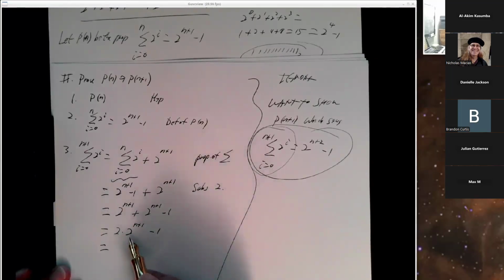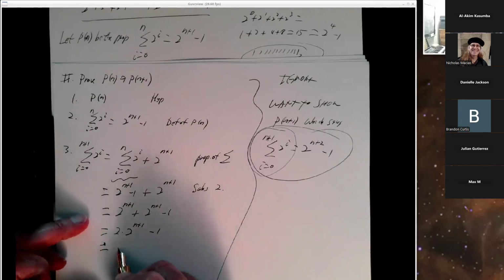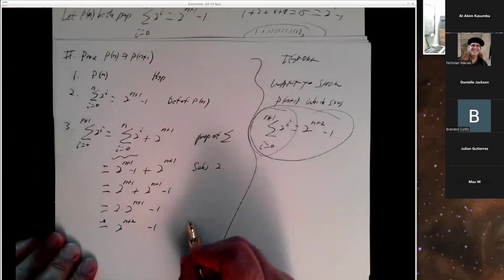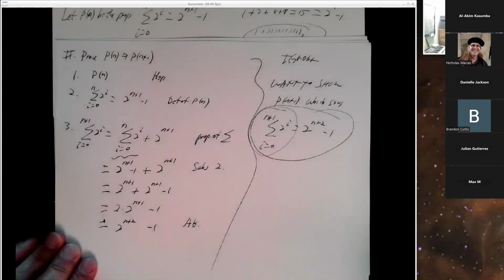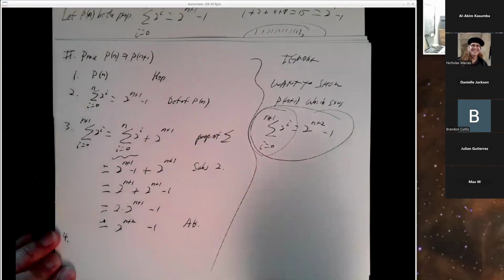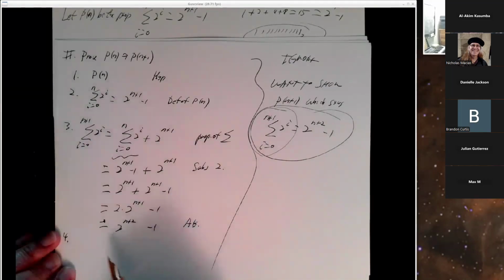And then this says multiply 2 by itself n plus 1 times. And this says multiply by 2 once more. This is just 2 to the n plus 2. And we keep that minus 1 there. So that's more algebra. But now what have we written? We've written that the sum from 0 to n plus 1 is equal to 2 to the n plus 2 minus 1.